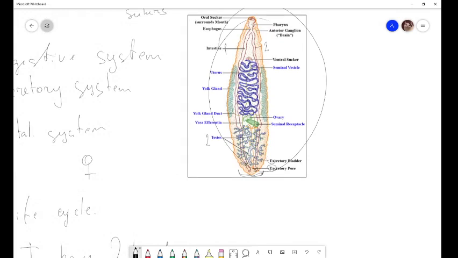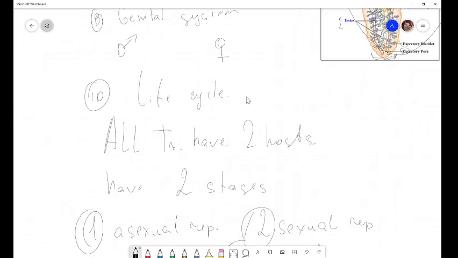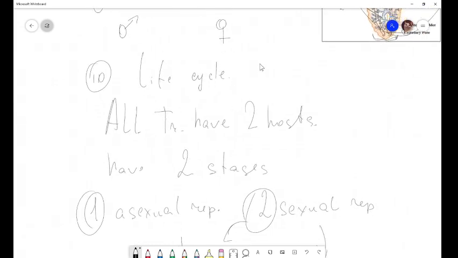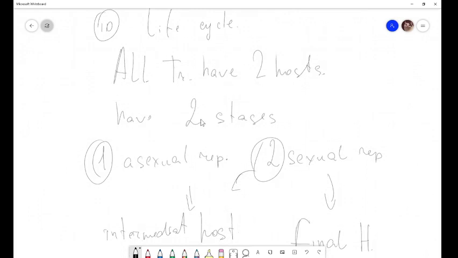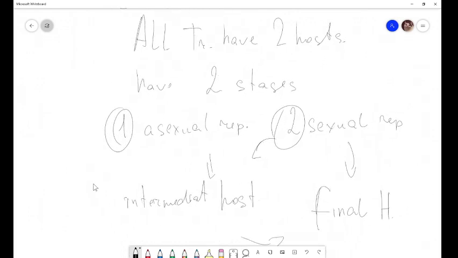And asexual reproduction happens inside intermediate hosts. For example, snails, and sometimes it is not only snails, but every time, and it is usual for trematodes, snails are one of the intermediate hosts.